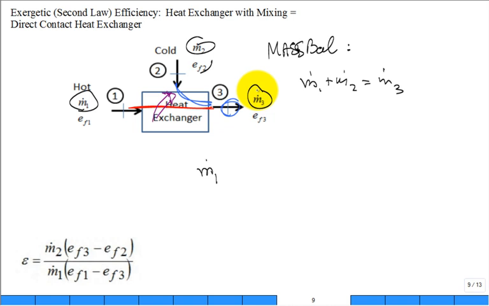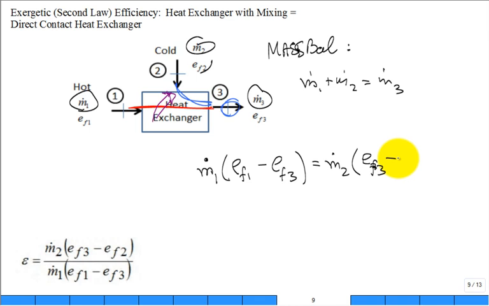That's going to be used. So what we have is M dot 1, which is our hot fluid stream, times, it comes in with a high flow exergy, leaves with a flow exergy of state 3, and the cold fluid stream, M dot 2, it comes in, well actually it's going to go out with a higher flow exergy. EF3 is greater than EF2, or the exergy is destroyed.